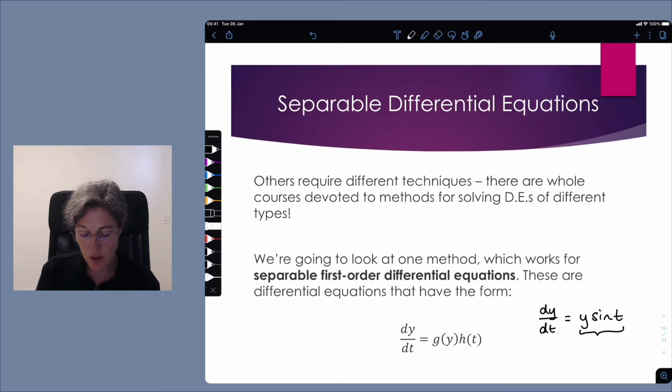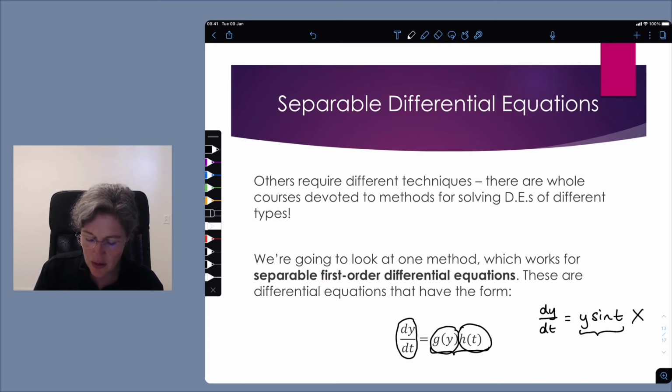We know that they're first order because the highest order derivative is just 1. And we call them separable because we can write the right-hand side as a product of a term only involving the dependent variable and a term consisting of things with the independent variable.